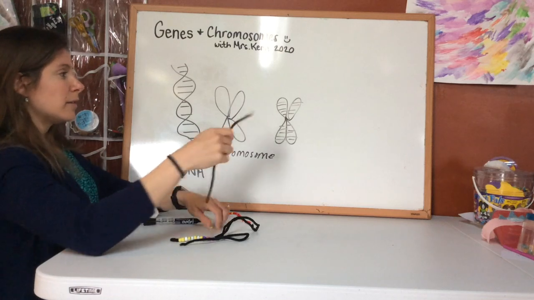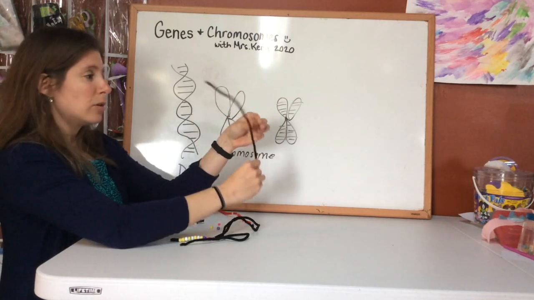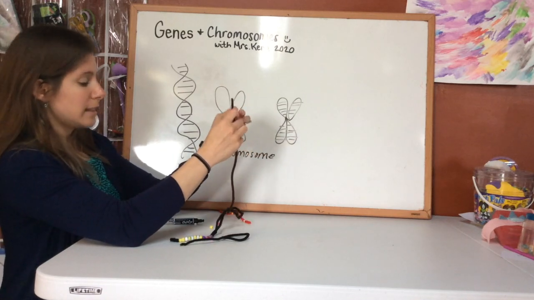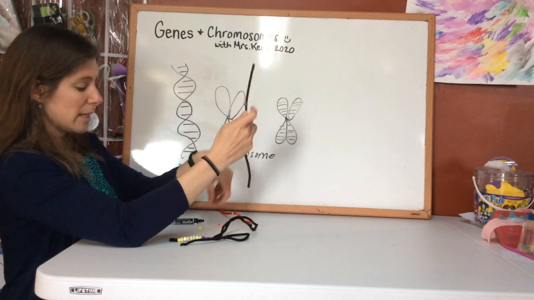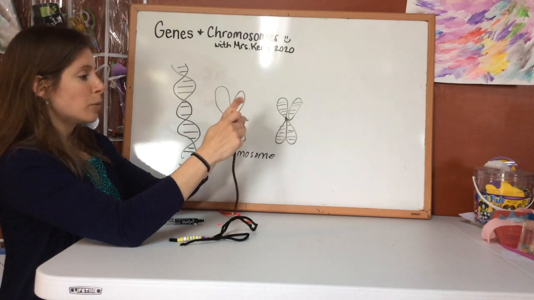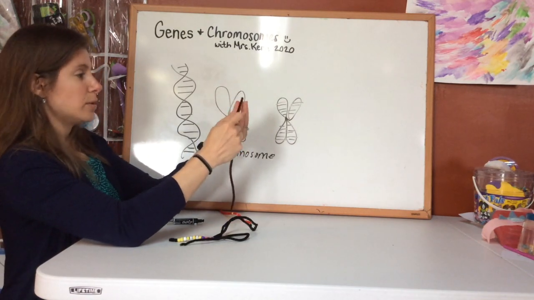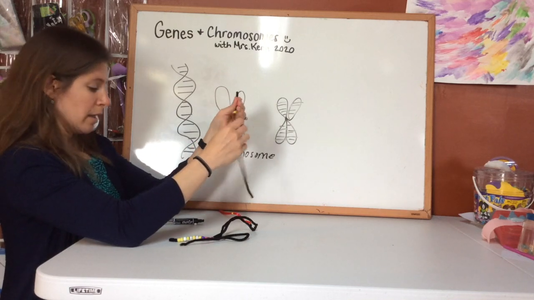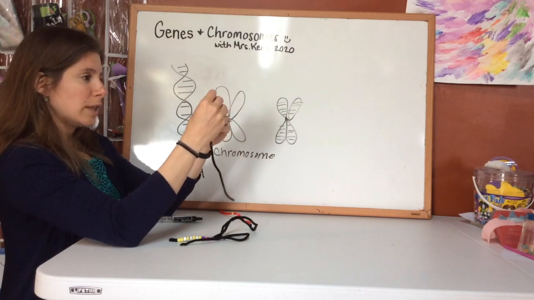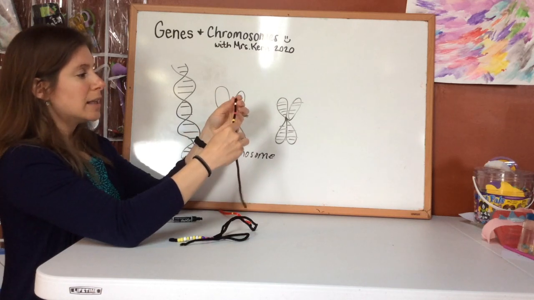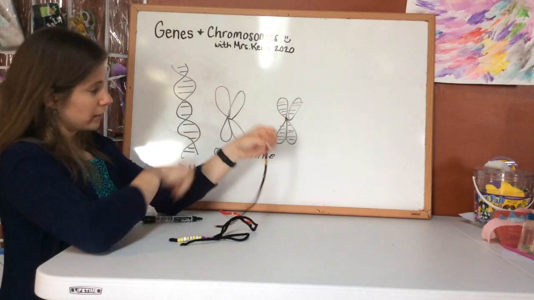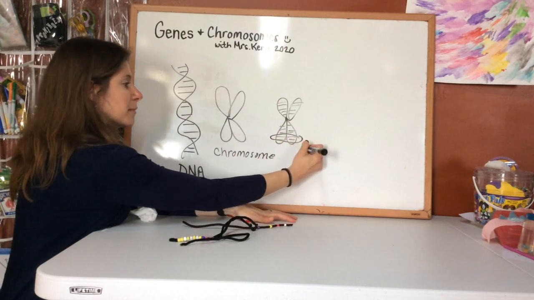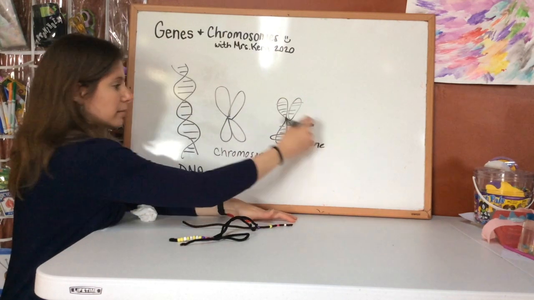Think about it like if this pipe cleaner was the chromosome and there were different sections, I might use different beads to represent those sections. Different color beads, different size beads, different genes code for different things. Each of these beads is going to be considered a gene. So a section on a chromosome is a gene.